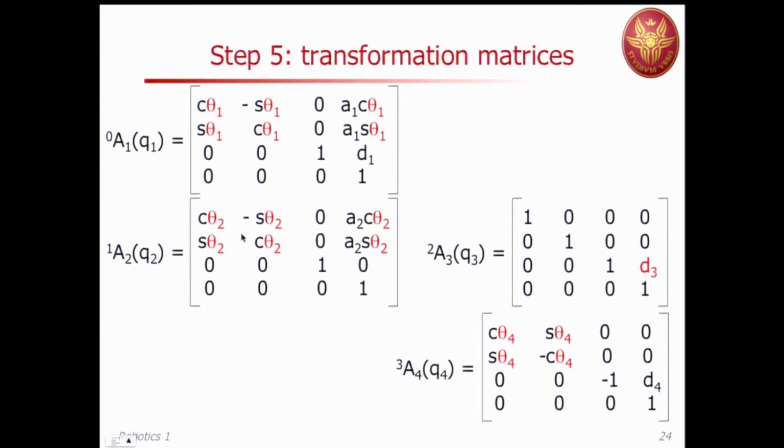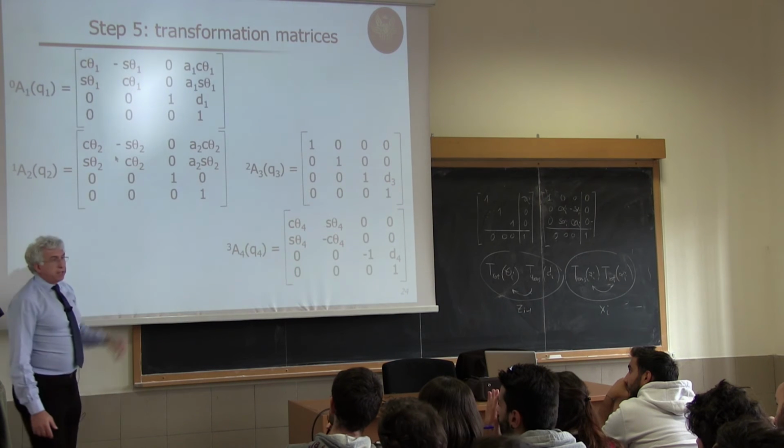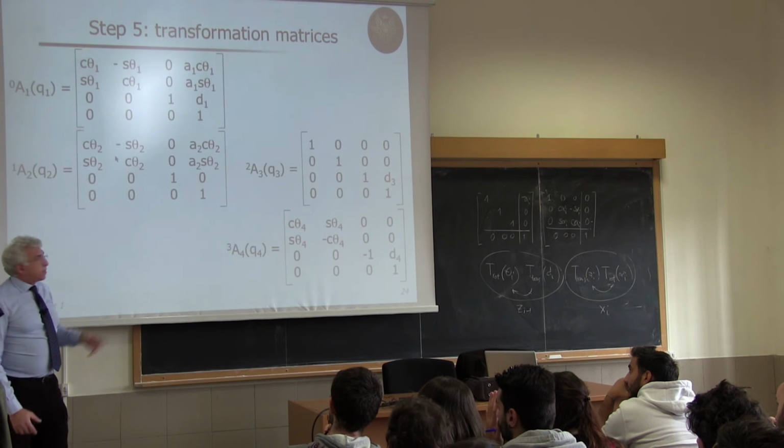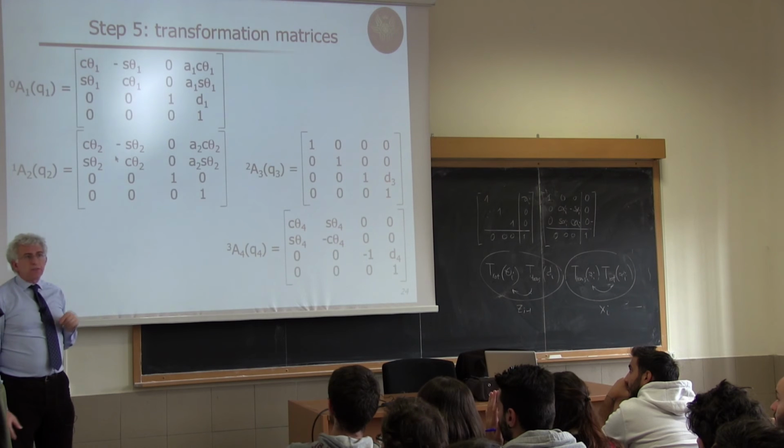Now, never forget, because you can do this by hand, or you can do this by MATLAB in symbolic manipulation mode. But no matter how you do this computation, don't switch off your mind. Just look at these matrices and see, do they make sense? For instance, what is the first matrix? What can you read in the columns of the first matrix?